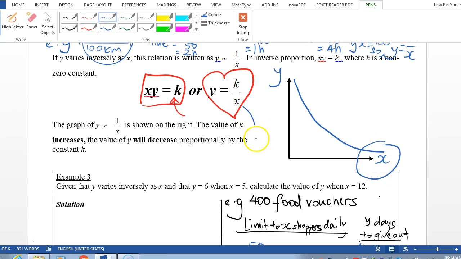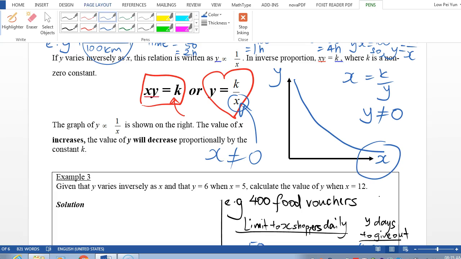Well, if we look at the fraction, x is the denominator. Can x be 0? No. For this fraction to be defined, x can't be 0. X cannot be equal to 0. And if we switch the position such that y is at the denominator, then y also cannot be 0.